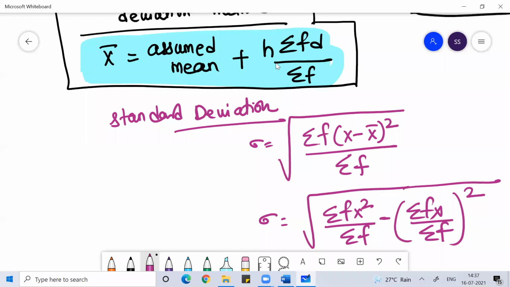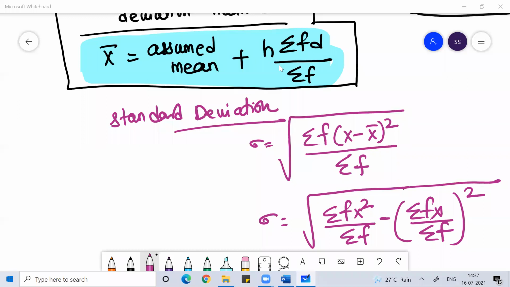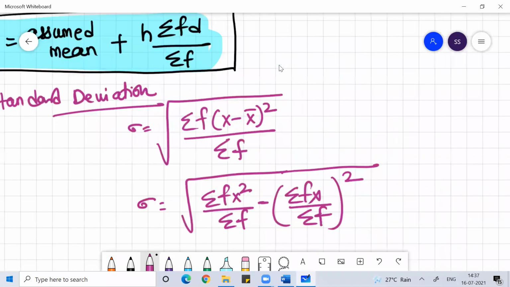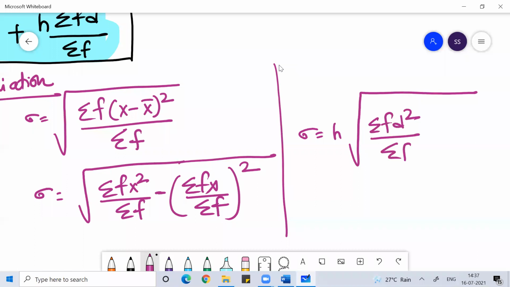I hope you are understanding this is the formula to calculate the standard deviation. Once you understood this formula, now if I use the step deviation method to calculate the standard deviation, your formula would be h under root of summation of fd square by summation of f minus summation of fd by summation of f, whole square.